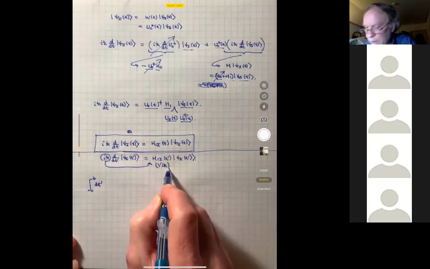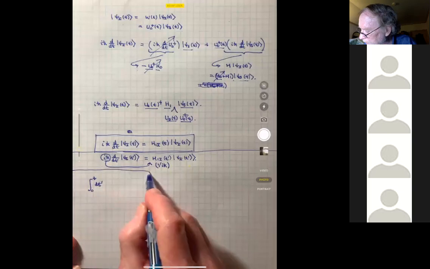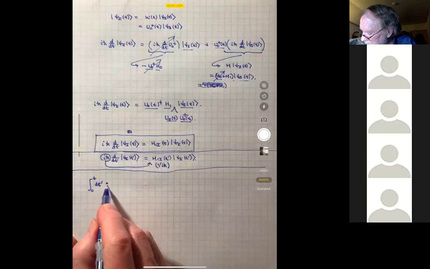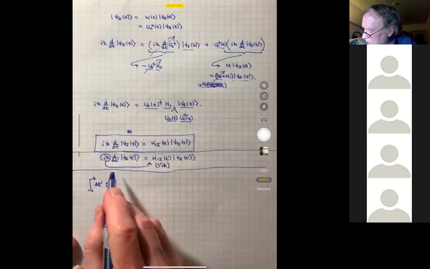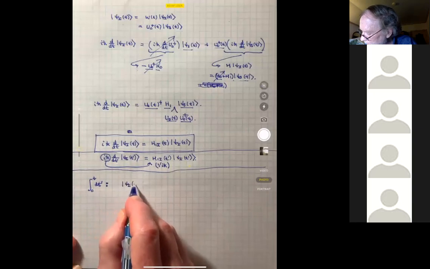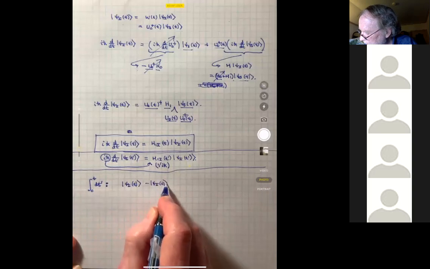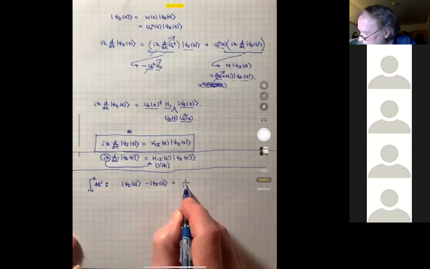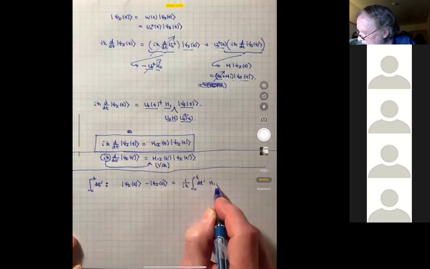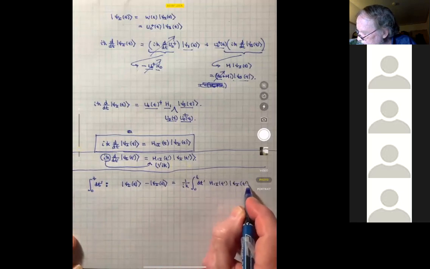Now if I integrate the left-hand side, meaning I'll apply this integral to both sides, applying it to the left-hand side, we get psi interaction at time t minus psi interaction at time 0. And on the right-hand side, we get 1 over i h bar integral 0 to t dt prime, H1 interaction at time t prime times psi interaction at time t prime.